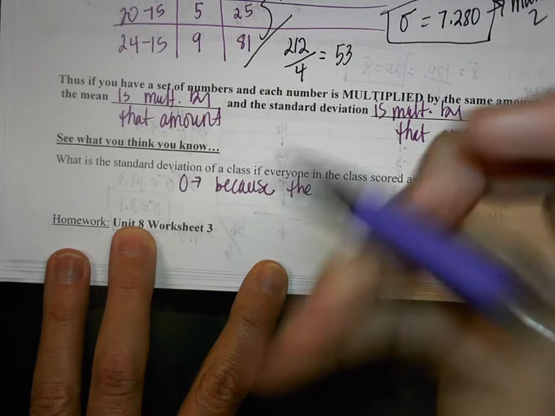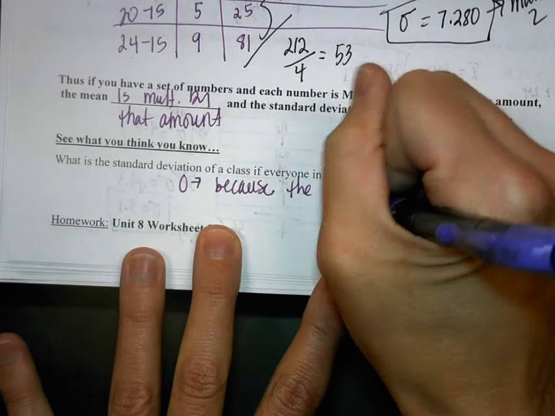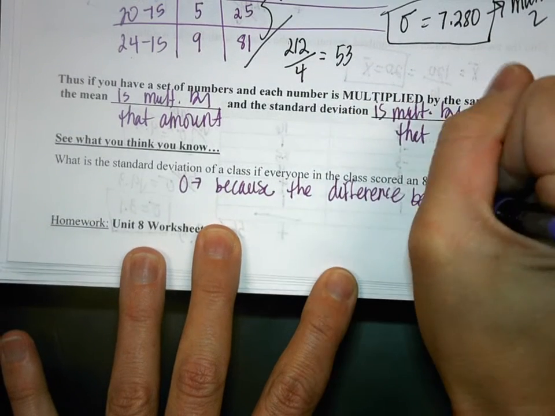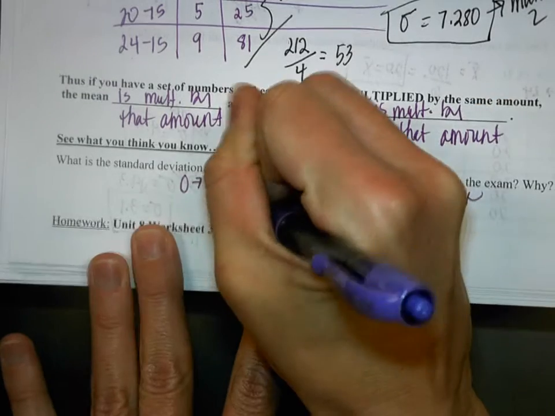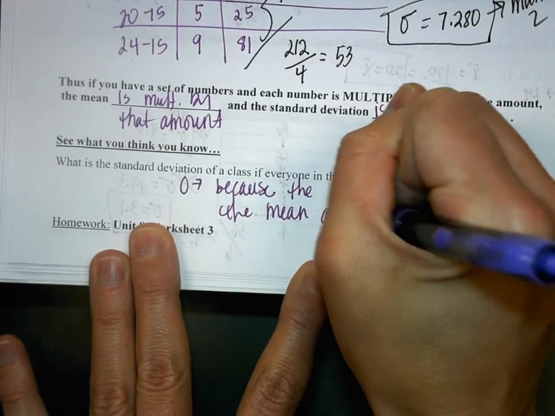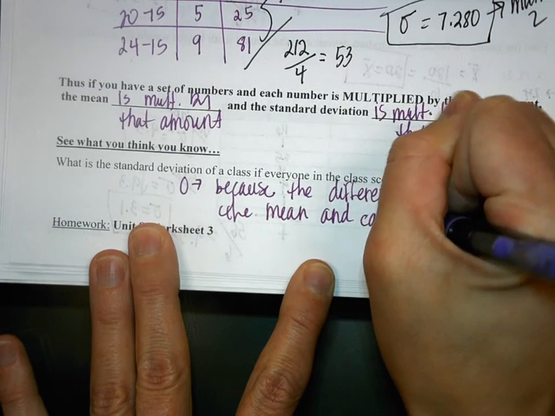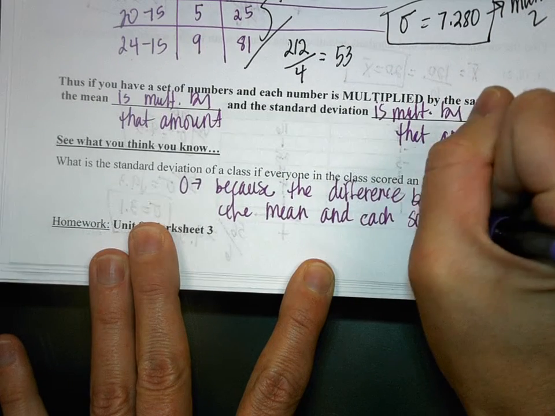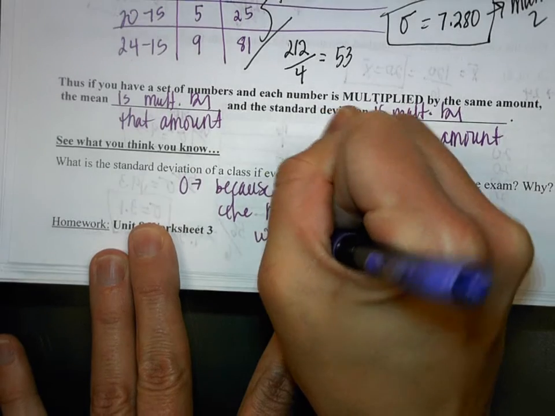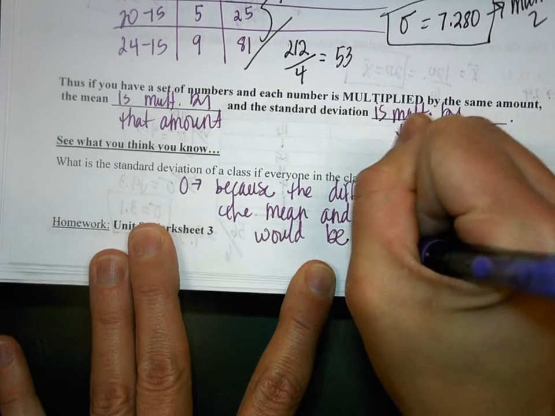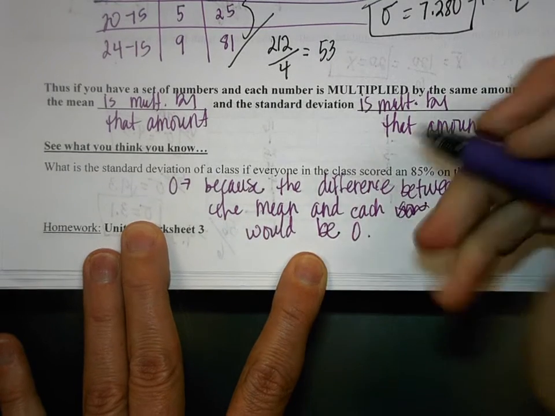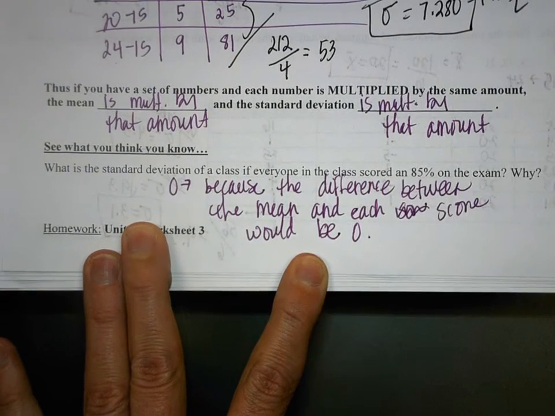So I'm going to put because the difference between the mean and each score would be 0. Okay, any questions?